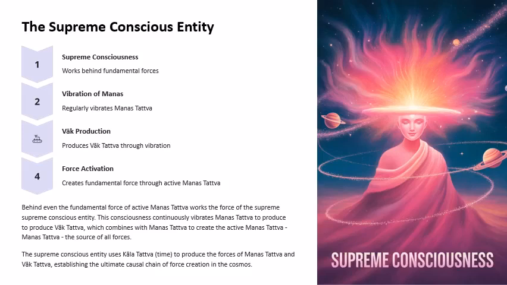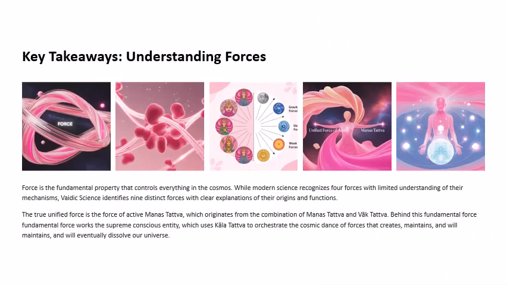So wrapping this up, what's the main takeaway from digging into this source? We've clearly seen a contrast. Modern physics, with its 4 forces, identified mediators, but ongoing questions about the deep how. And this Vedic view with 9 forces, detailed origins in Rashmi combinations and Prāṇa, and a path to unification via Manas Tattva.